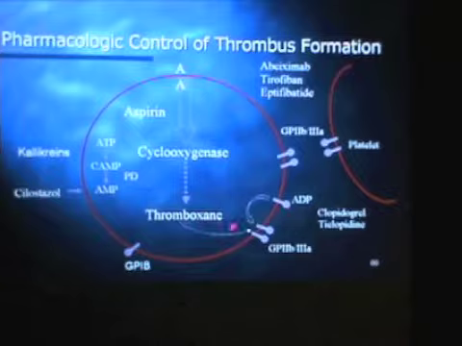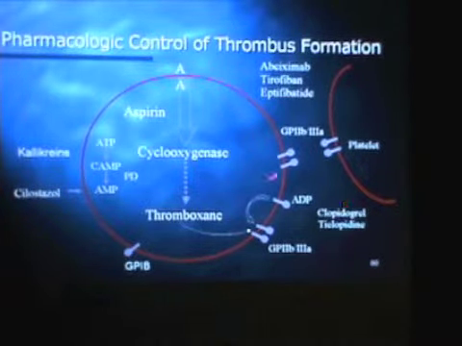Your ADP and GP2b3a receptors, these are your functionality receptors of the platelet. Glycoprotein 2b3a, that receptor is activated by the most potent activator of the platelet, which is thrombin. Okay? Once these receptors activate, they tie together with the same receptors on other platelets, with fibrin strands here.